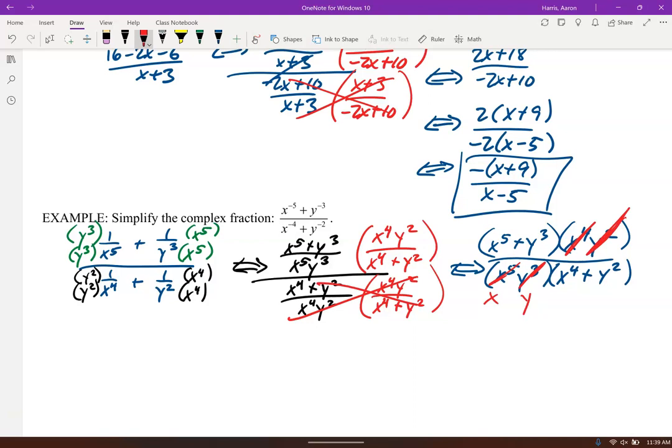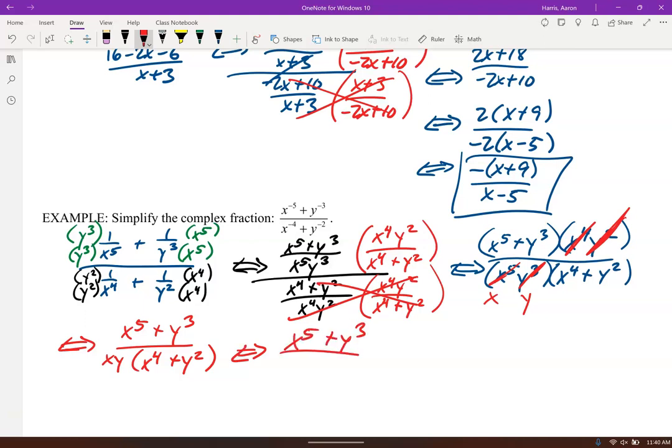So I'm going to have x to the 5th plus y to the 3rd over xy, x to the 4th plus y squared. That's x to the 5th y if I distribute that, plus xy to the 3rd. And we're all done right there.